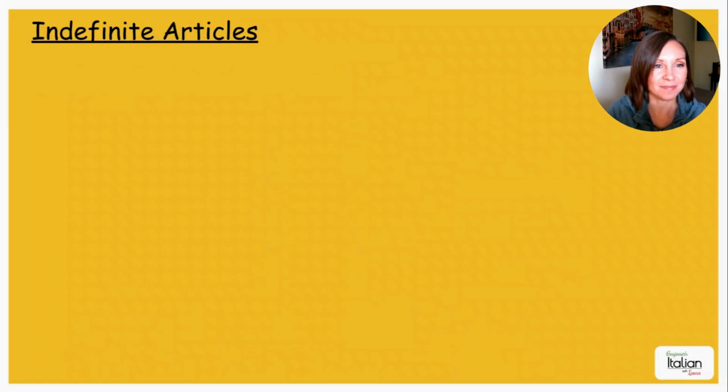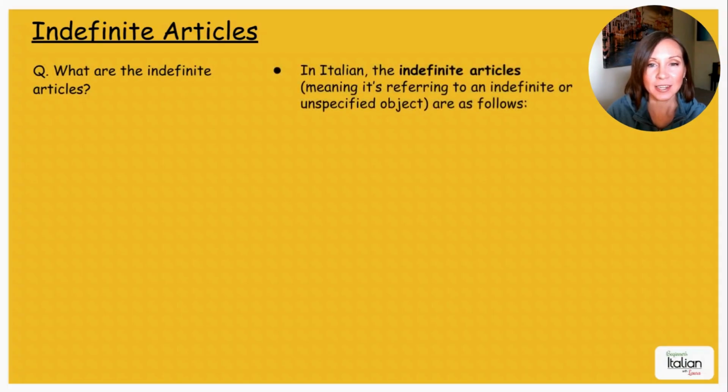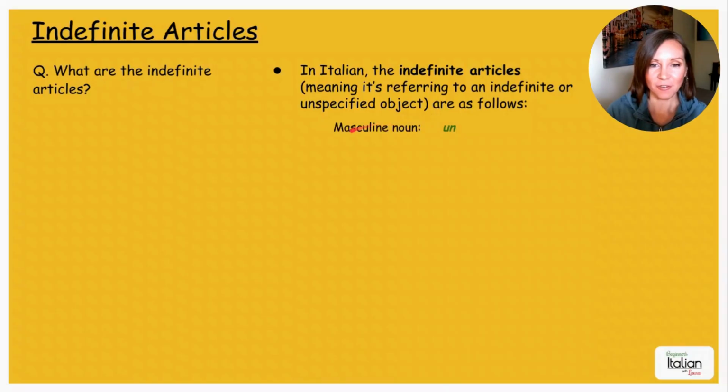Indefinite articles. What are the indefinite articles? So in Italian, the indefinite articles, meaning it's referring to an indefinite or unspecified object, are as follows. Okay, so for a masculine noun, we use un. For a feminine noun, we use una.